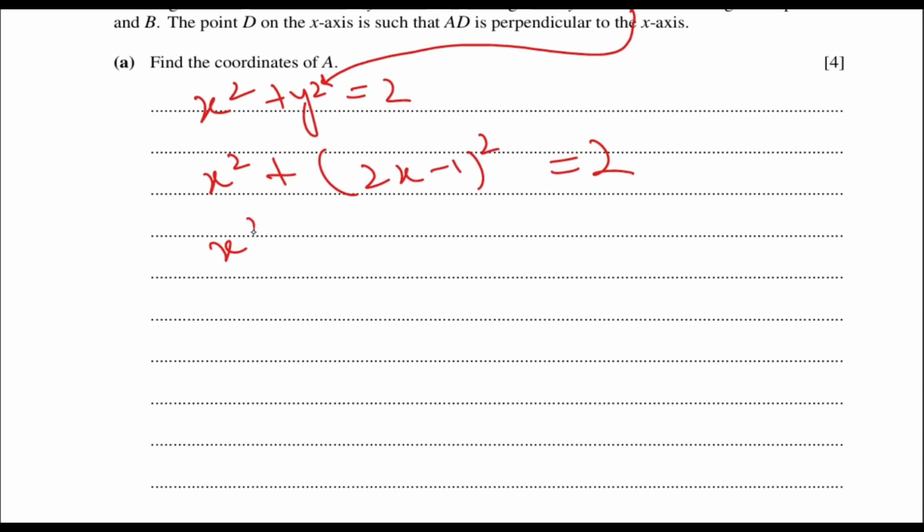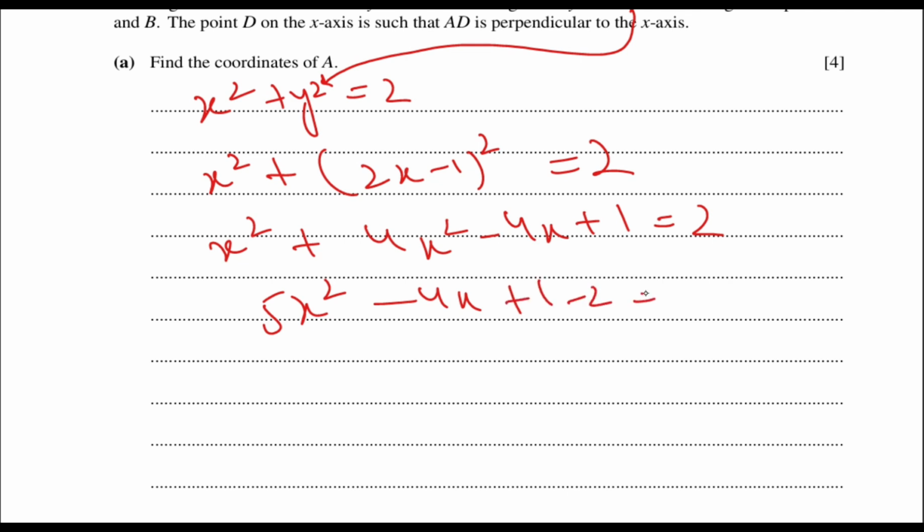Now it will become x square plus 4x square minus 4x plus 1 equal to 2. x square plus 4x square will be 5x square minus 4x plus 1 minus 2 equal to 0. So it will become 5x square minus 4x minus 1 equal to 0.